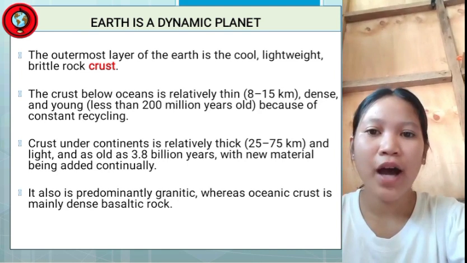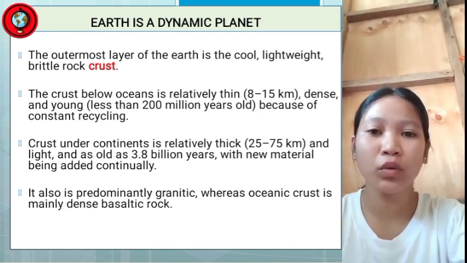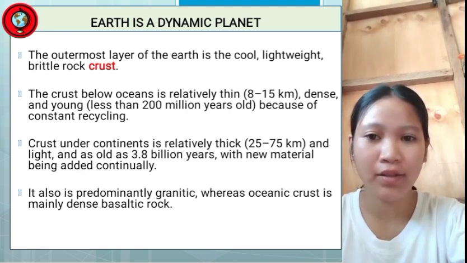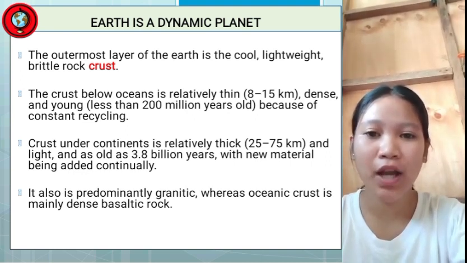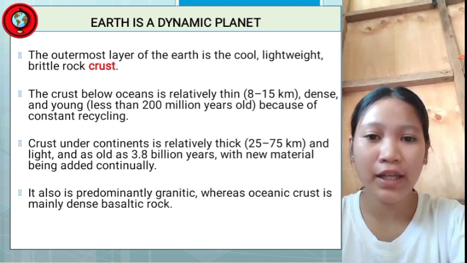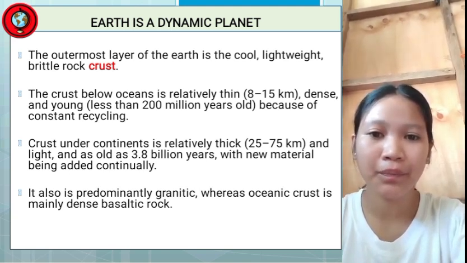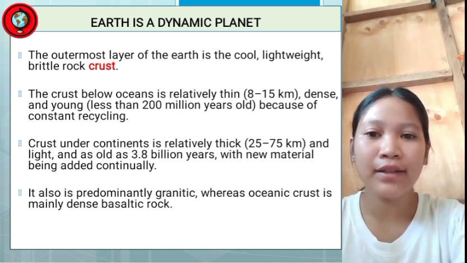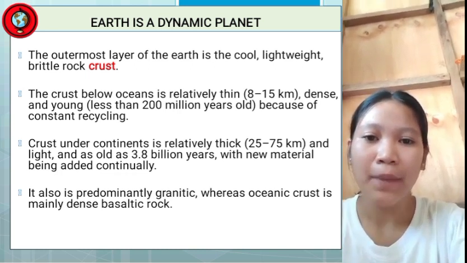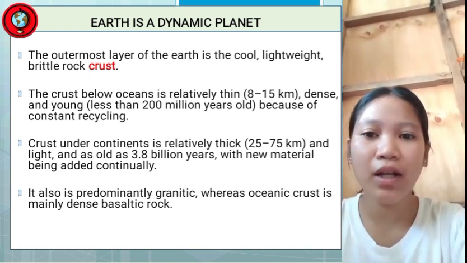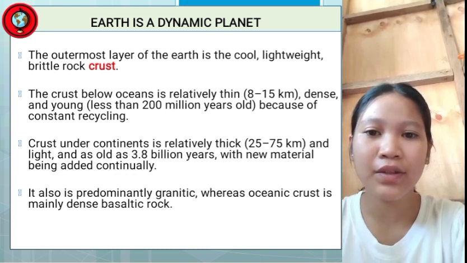So, the outermost layer of the Earth is a cool, lightweight, brittle rock, what we call the crust. The crust below the ocean is relatively thin. It is 8 to 15 kilometers, dense and young, less than 200 million years old because of the constant recycling, while crust under continents is relatively thick.